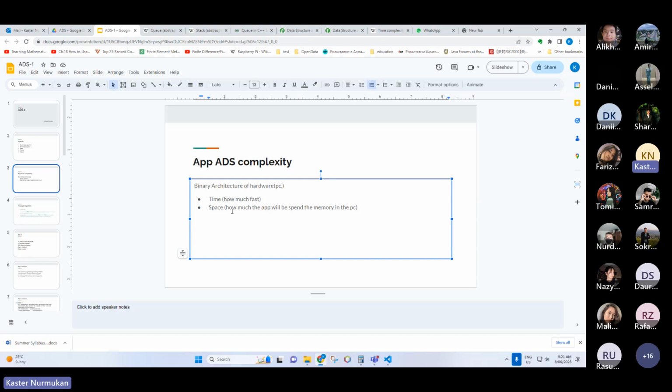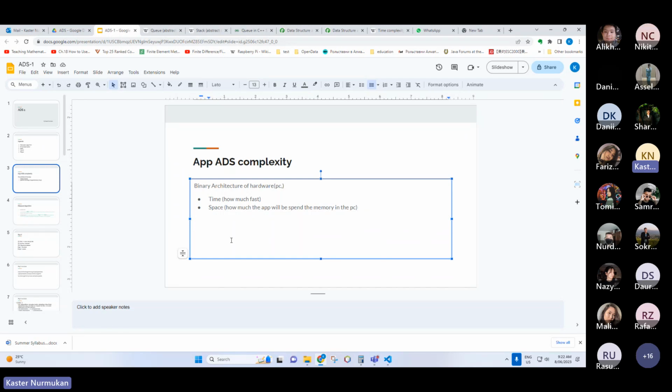That's what we learn at a very general level in understanding the application of data structures and algorithms. So we are trying to understand space and time complexity. That's simple, but still too general and too abstract for a normal person.